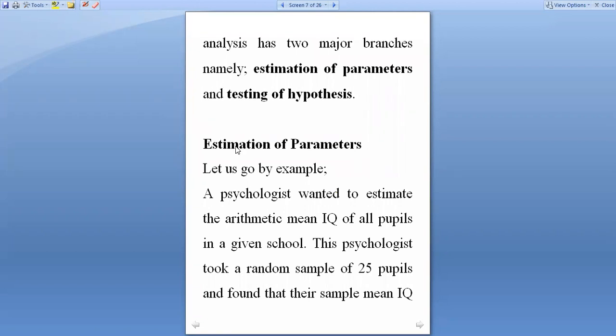We all know from our language what we mean by estimating. So when they say this is an estimation, it means it is not the actual, but you are using some techniques, your understanding, to estimate. So we are estimating parameters, and the reason why we estimate parameters, we have already given.